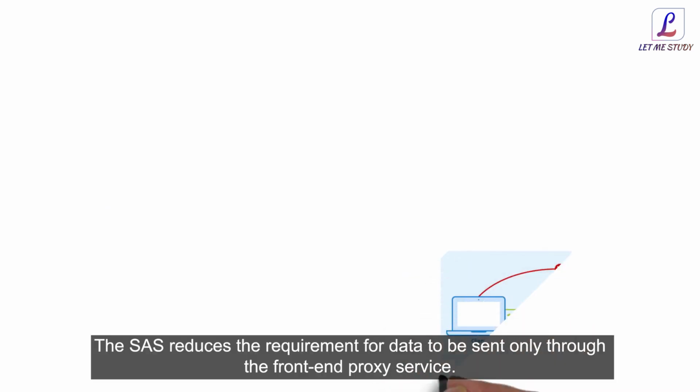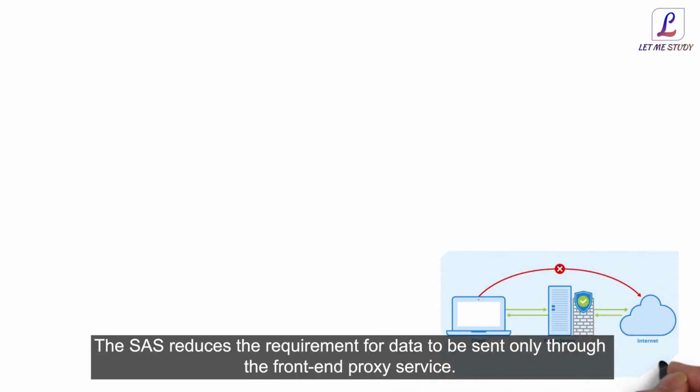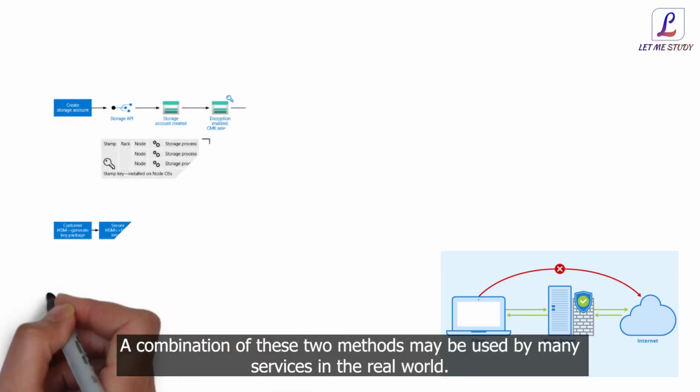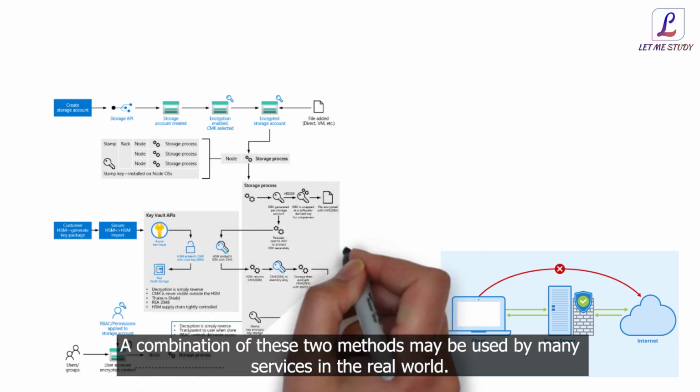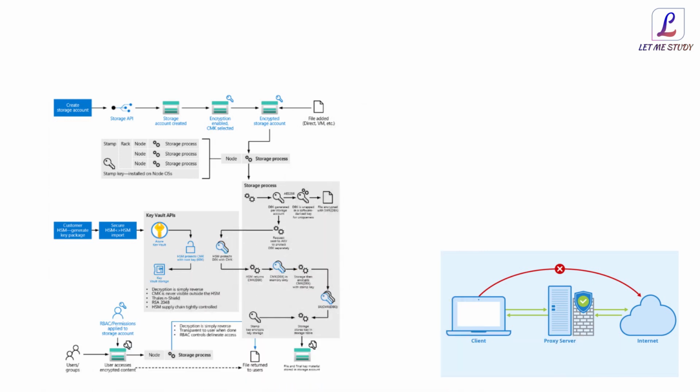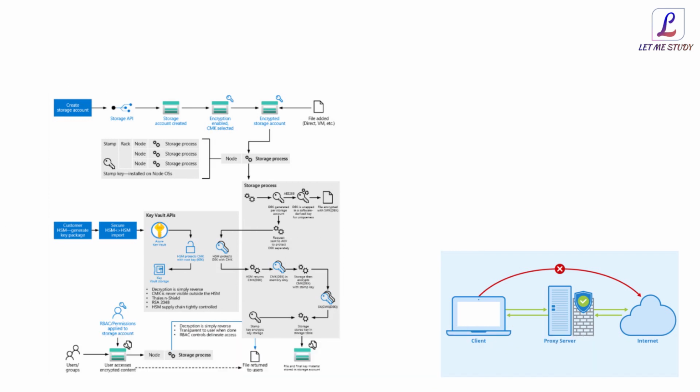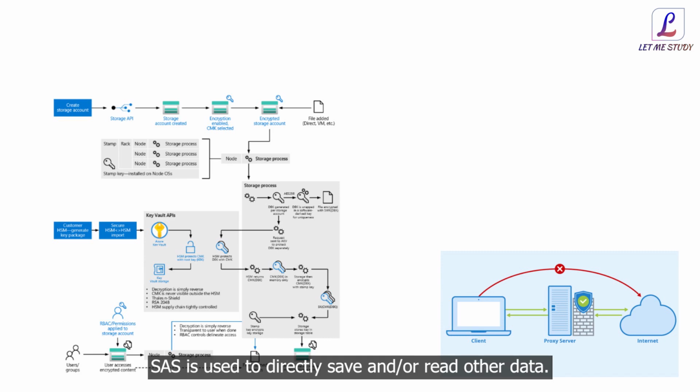The SAS reduces the requirement for data to be sent only through the front-end proxy service. A combination of these two methods may be used by many services in the real world. For instance, the front-end proxy might be used to analyze and validate some data, while SAS is used to directly save and/or read other data.